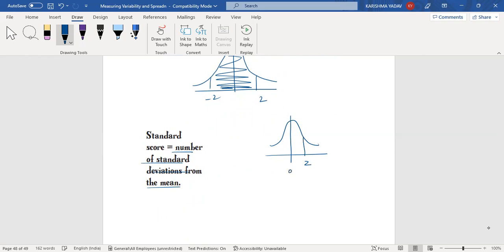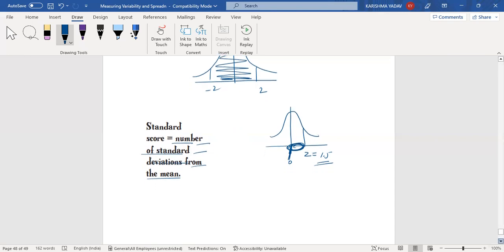So it is 0 and this is a particular value, let's say 1.5. So we have the score of 1.5, which gives us the number of standard deviations from the mean. It is 1.5, because in the standard case we have the mean as 0.